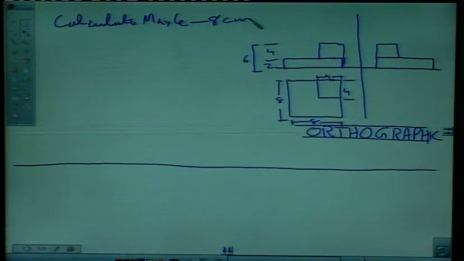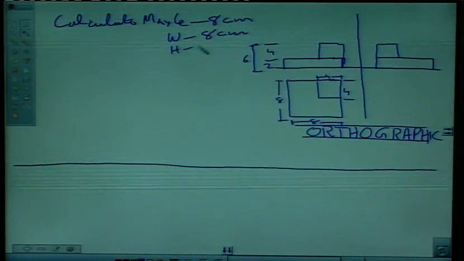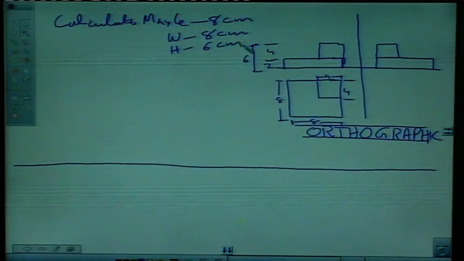maximum width. From this orthographic we can clearly see that width wise maximum width can again be 8 centimeter, right, and maximum height can be 6, which we can get from elevation, say this is 2 and this is 4, so maximum height is 6 centimeters, right.